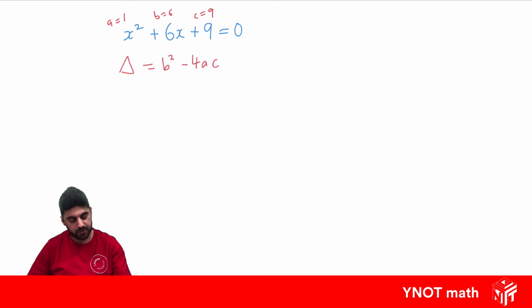This will tell us how many solutions we're going to have based on its value. So we're going to get 6 squared minus 4 times 1 times 9. So we'll get 36 minus 4 times 1 times 9, which is 36. And we get 0. When the discriminant equals 0, that's when you have one solution.